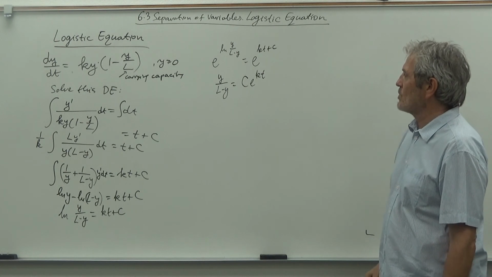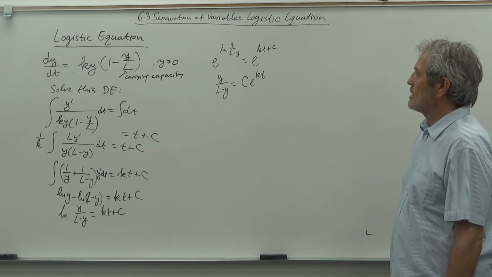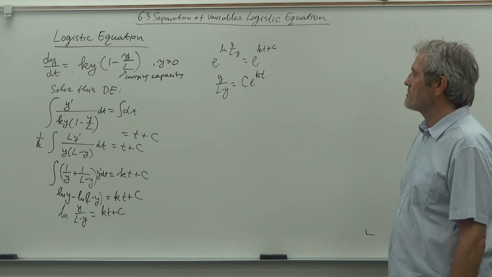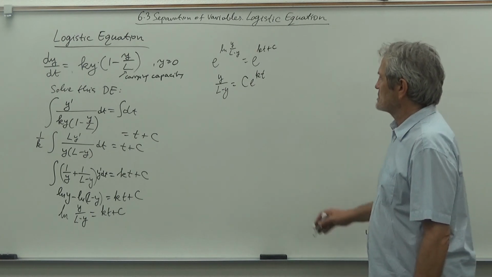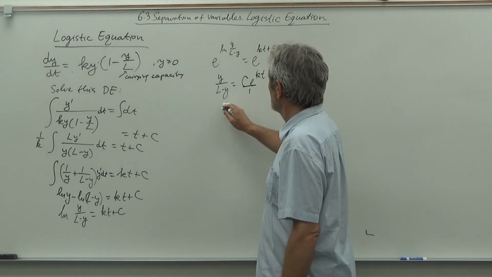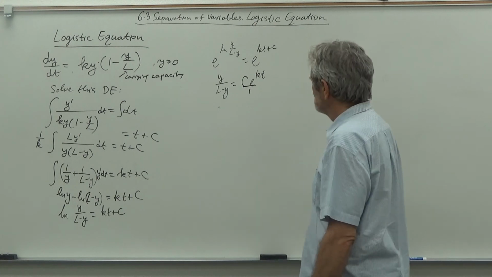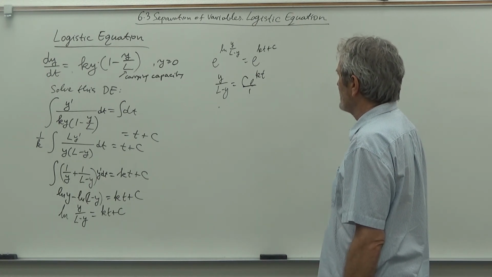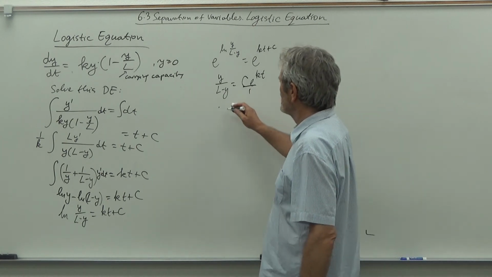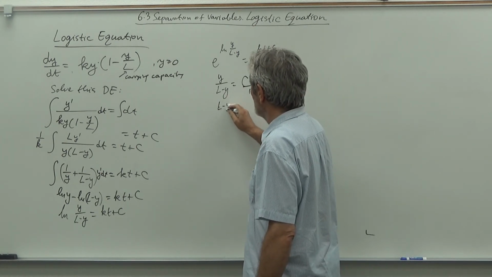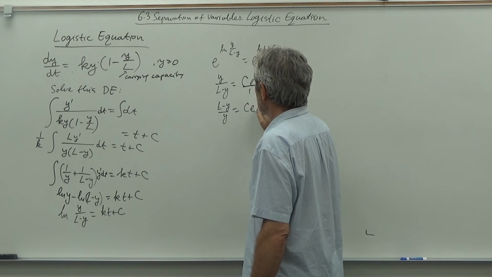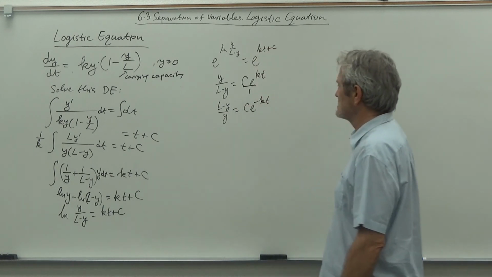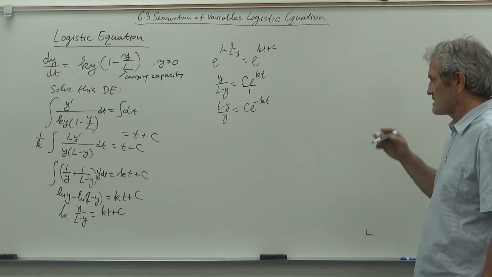And now what do I want? I want to solve for y, so I'll just cross multiply probably. I'd rather have y multiplied. Let me flip them first. Take reciprocals. L minus y over y equals c e to the minus kt. That's better, with 1 over c, obviously.